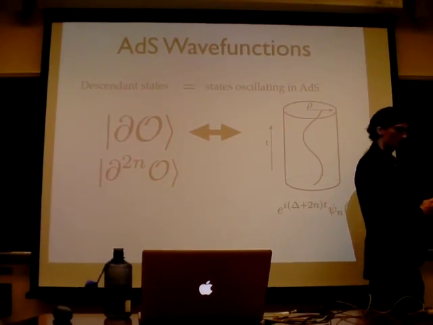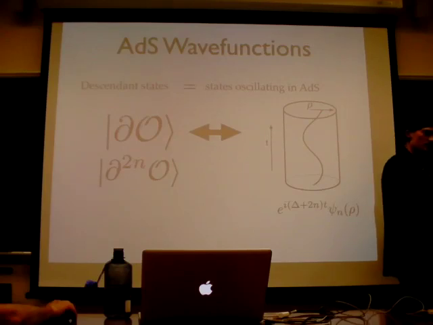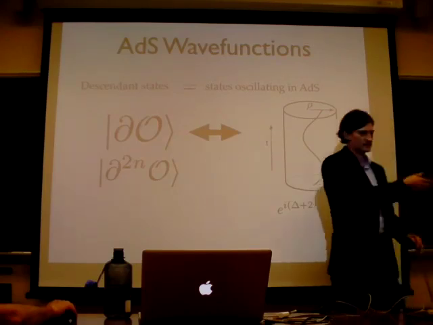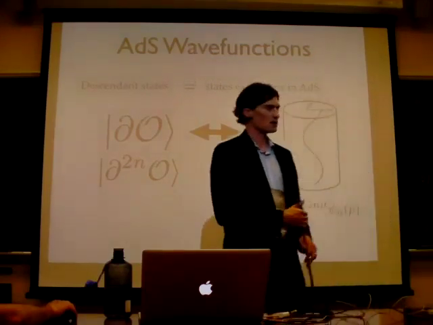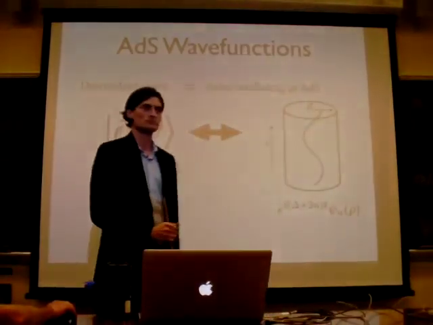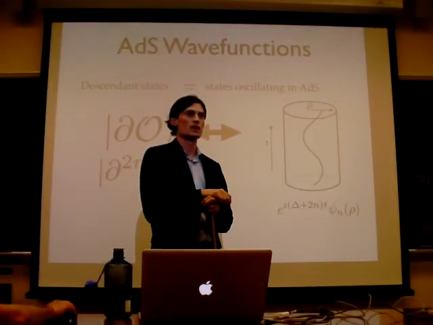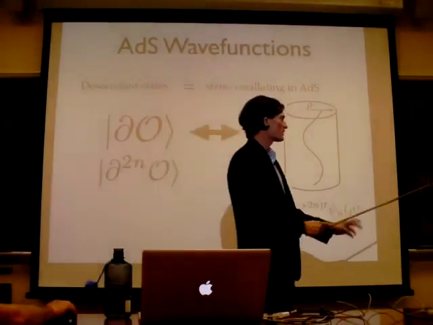So phi is the field in AdS that corresponds to that operator. That's correct. And it's completely determined by the fact that you know how the generators of the conformal group act on it. I'm saying any primary operator.